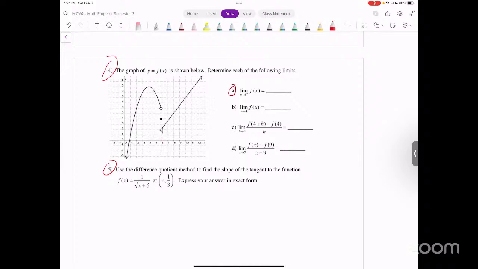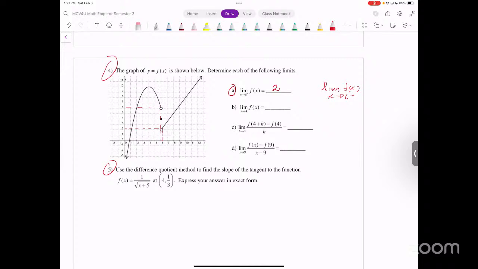How did you get 6? For 6 minus, f of x, you're right, 6 minus is going to be 6, correct. If I ask the limit as x approaches 6 minus of f of x, you're right, because 6 minus is here. You had to be careful the way that point is.